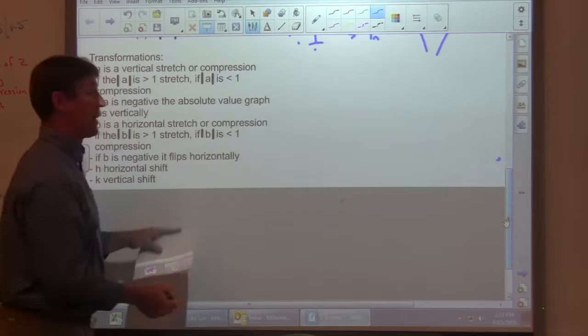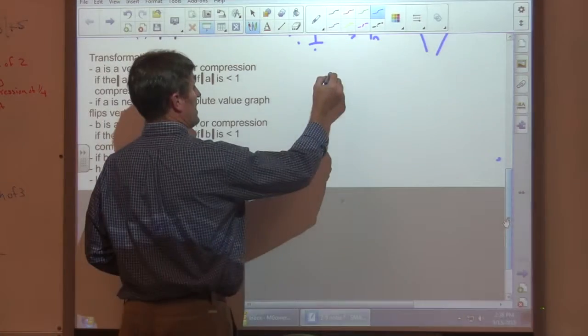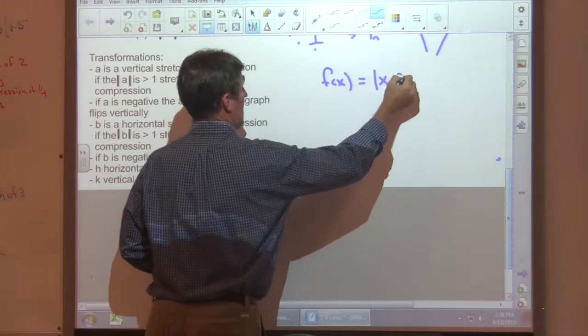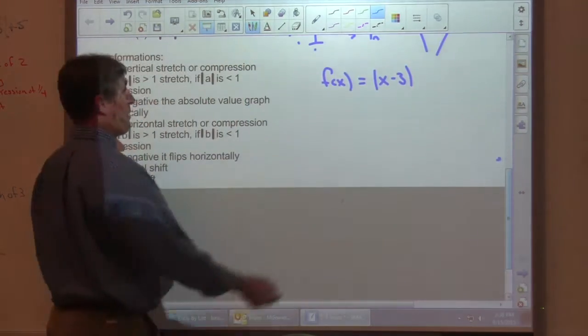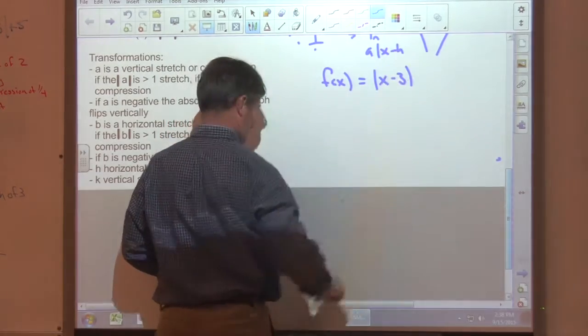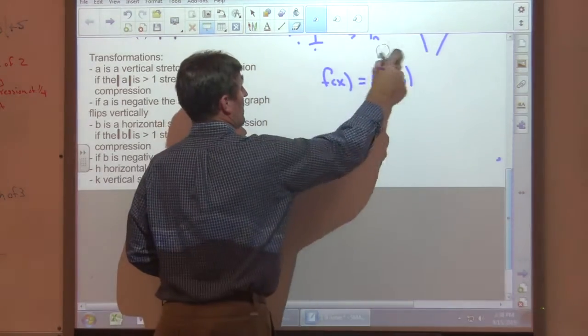Now again, here's where we have to be careful. If it says f of x equals x minus 3, well, remember our rule is a times x minus h. Let's just put in the 1 over b.